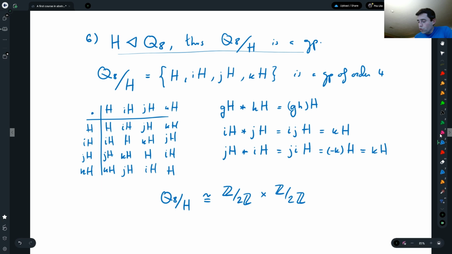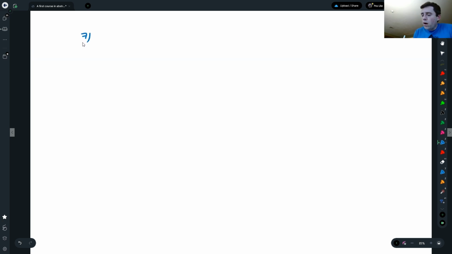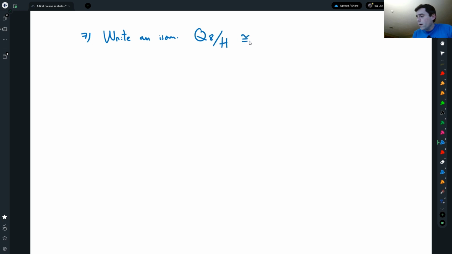And we want to prove this with an isomorphism. So let's give an isomorphism of the two. So now I want to write an isomorphism from Q8 modulo H to Z modulo 2 cross Z modulo 2.